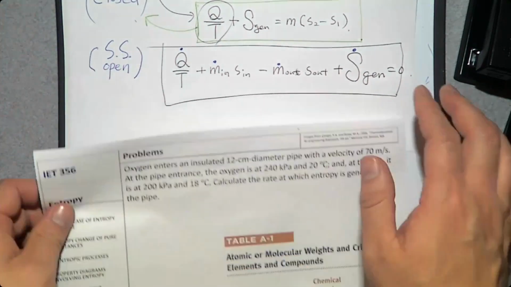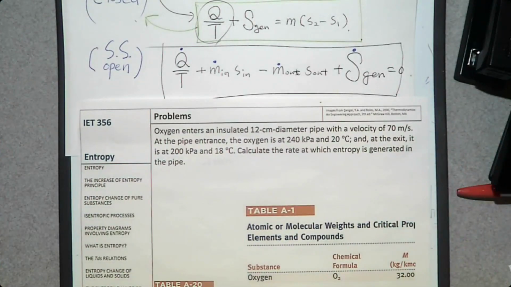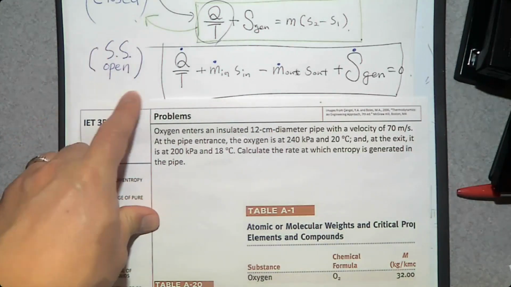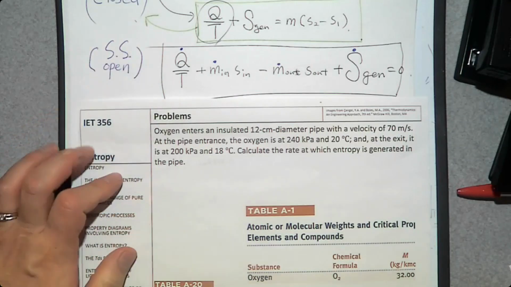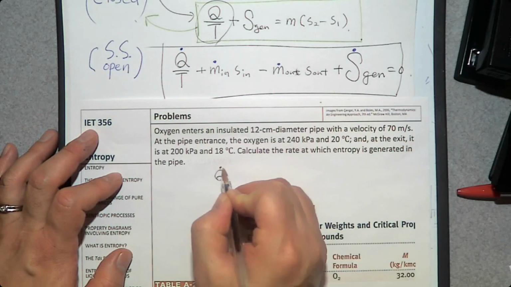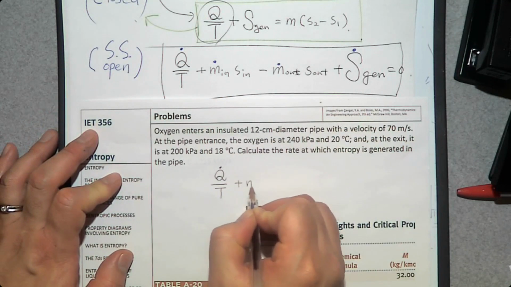let's solve this problem. We have oxygen entering an insulated 12 centimeter diameter pipe. So we have a pipe. Pipe has an inlet and an exit. So it's an open system. So we can consider steady state open system. So let me write this equation here. Q dot over T plus M dot.